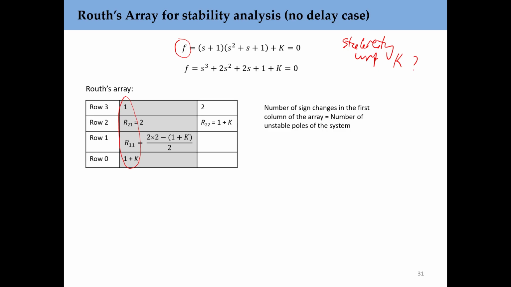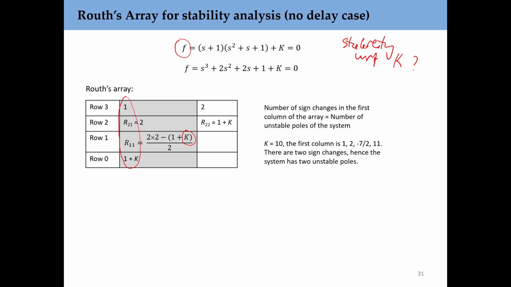We know that from the literature. Now we can investigate if there are any sign changes in the first column, and whether the value k can cause a sign change. Given the structure of the problem, this minus sign here, for some positive k value, can cause a sign change in the first column.